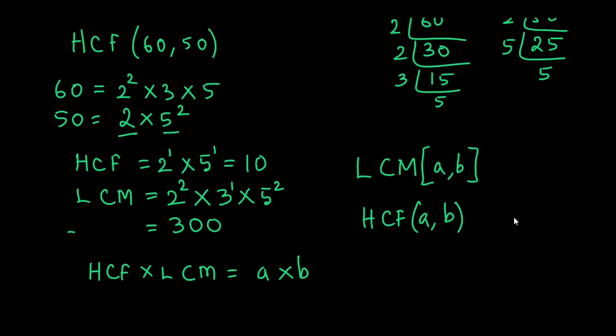Sometimes the letters HCF and LCM are omitted. Simply showing parentheses means HCF, and simply showing square brackets means LCM. This can be used also, but however, we'll mention it here.